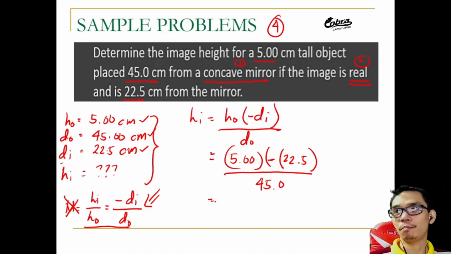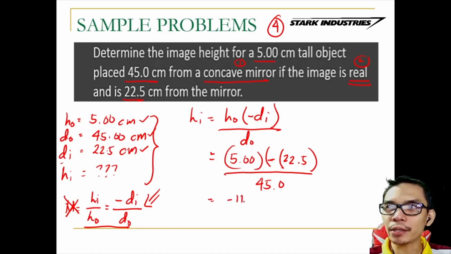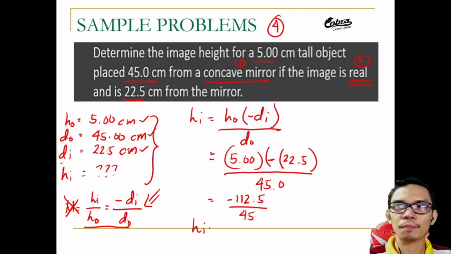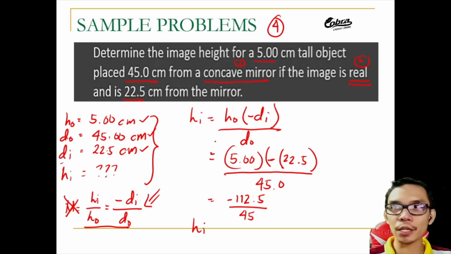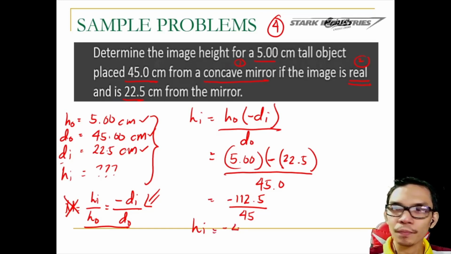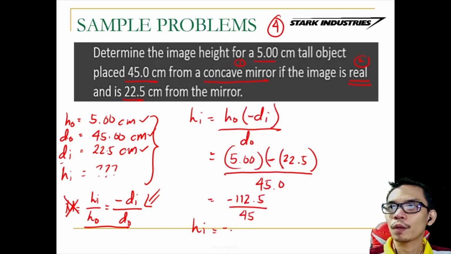Now, let's solve 5 times 22.5. That will be negative 112.5 over 45. So what will be the height of the image? 112.5 over 45. The answer is negative 2.5 cm.